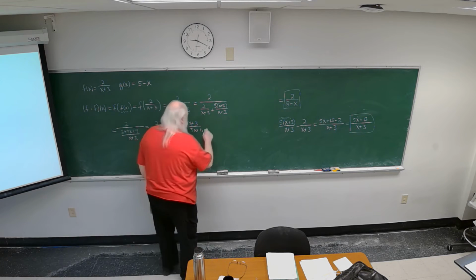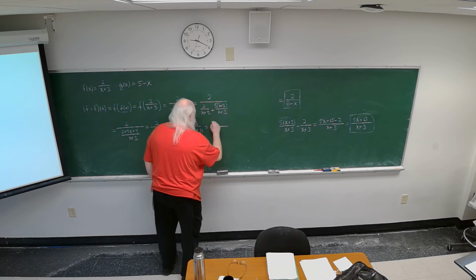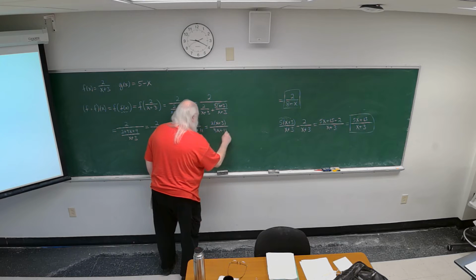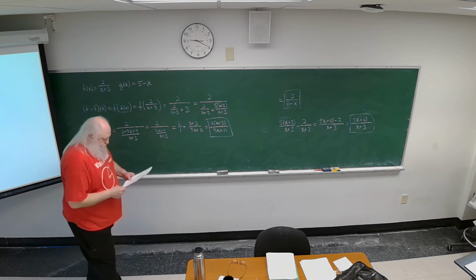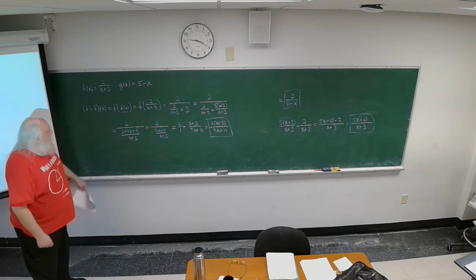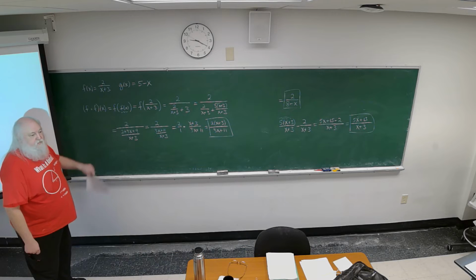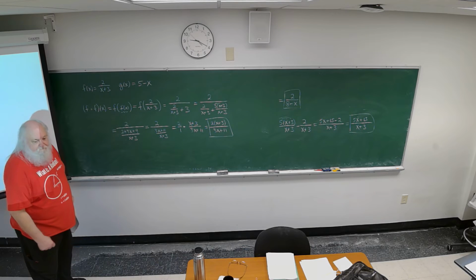So we have 2 times x plus 3 over 1 times 3x plus 11. So that's the composite of f with itself as a function of x.